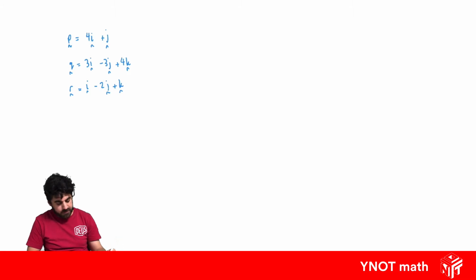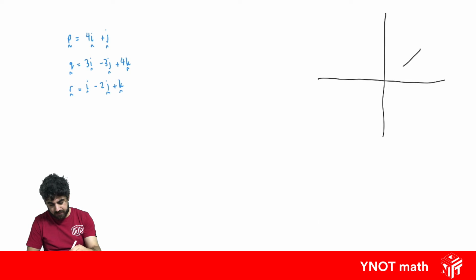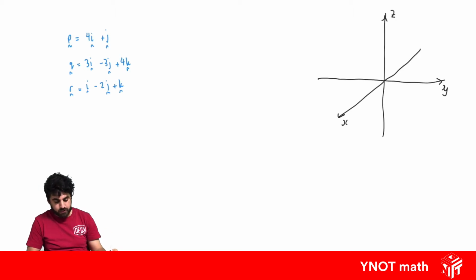And to visualize this, it's probably best to draw a diagram. So let's go ahead and draw some axes in. So we're going to have our x-axis, our y-axis, and z. And let's go ahead and draw some of these vectors in.